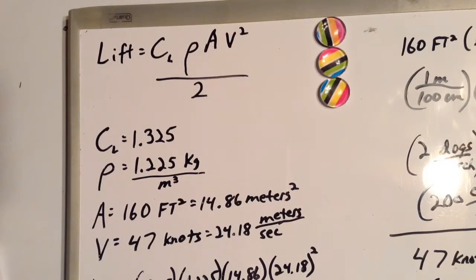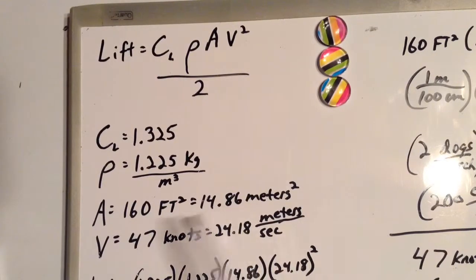Wikipedia defines a nautical mile as exactly 1,852 meters. So the lift produced by a 160 square foot Clark-Y airfoil moving at 47 knots in standard conditions at a 14.7 degree angle of attack is all these numbers.